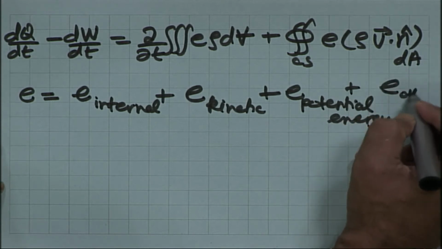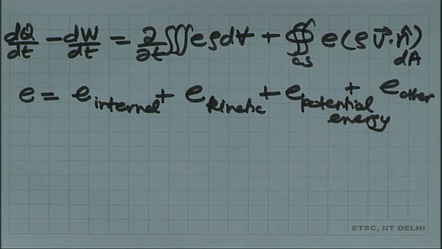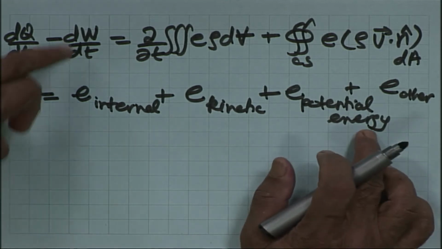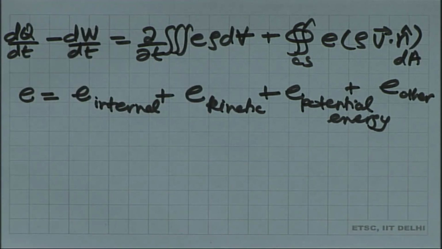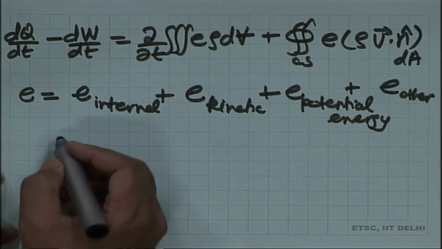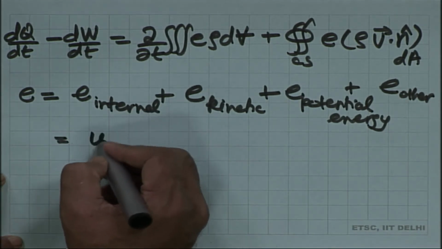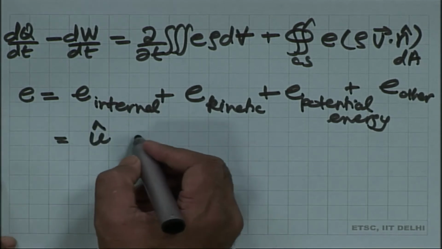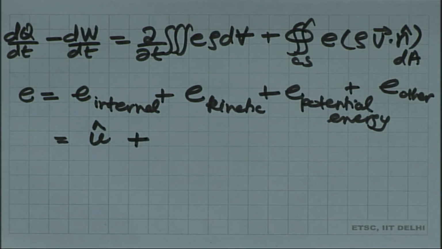plus, if there is any other form of energy in the system, we will also count that. And notice that if I am using a potential energy term, then when I calculate the work done term, I will not use gravity, because gravity will be accounted for in the potential energy. For internal energy, we use the symbol U hat. What is the specific kinetic energy?